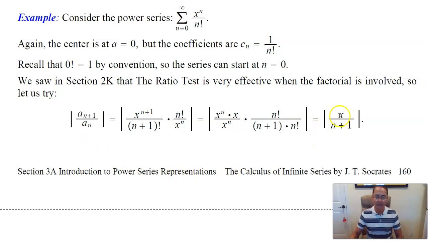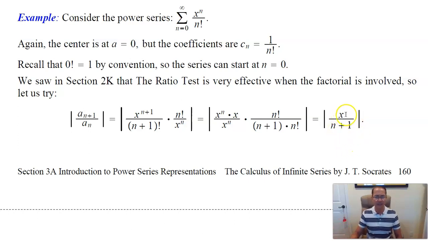So you can think of x as a fixed number, like 5. You get 5 to the power n over here. Or maybe negative 12 to the power n. So if that were just 5, then you will have 5 over n plus 1. As n goes to infinity, that's going to go to 0, isn't it? Does it matter if it's negative 12? Absolute value of negative 12 over n plus 1, and n getting bigger and bigger, still 0.